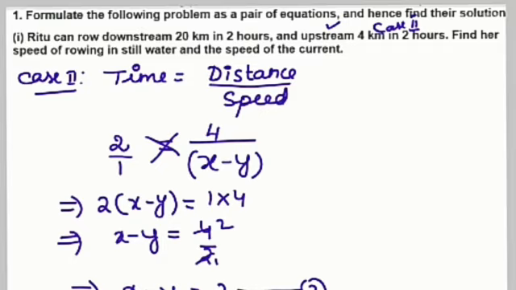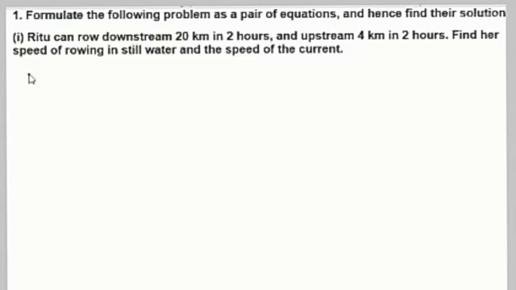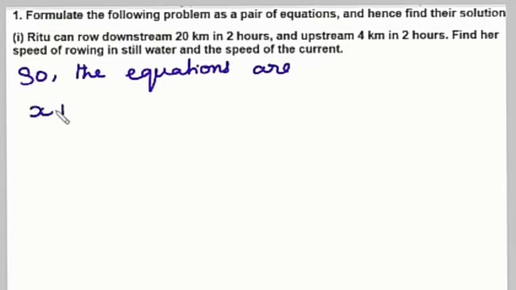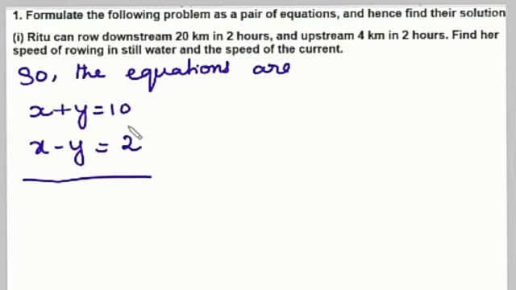Now I am going to solve these two equations. After solving these two equations, I will get the value of x and y. Let's see. So my equations are x plus y is equal to 10, this is my first equation, and x minus y is equal to 2. For solving these two equations, we can choose either the substitution method or the elimination method.